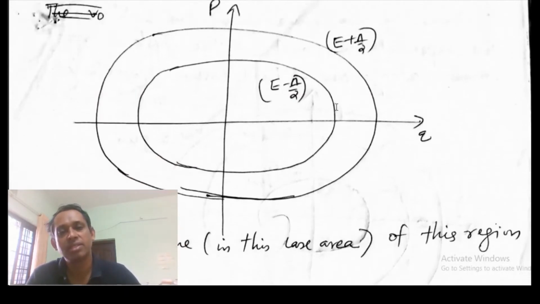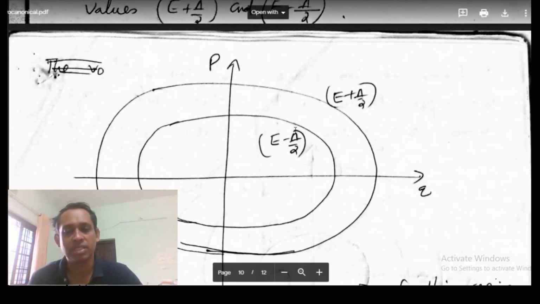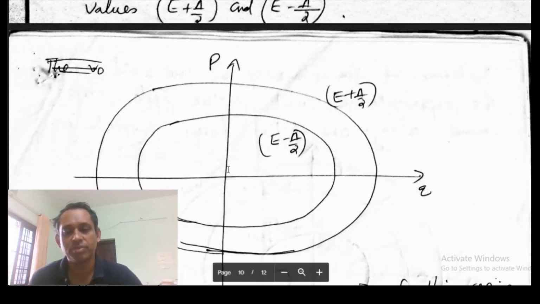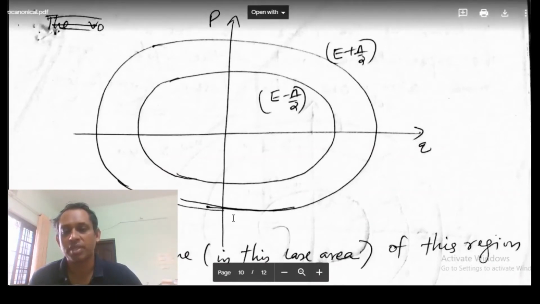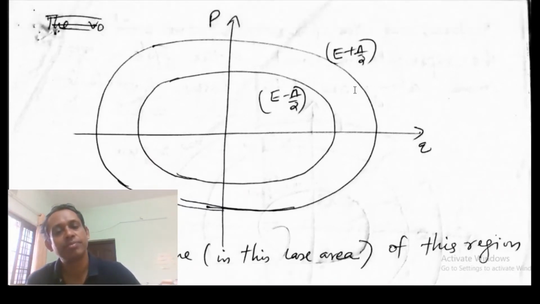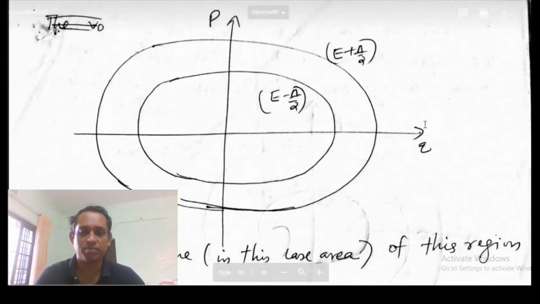So in this case, our representative point can be anywhere in the region between the trajectory corresponding to energy E minus delta by 2 and the one for E plus delta by 2. It can take an elliptical trajectory corresponding to an energy which should lie between E minus delta by 2 and E plus delta by 2.